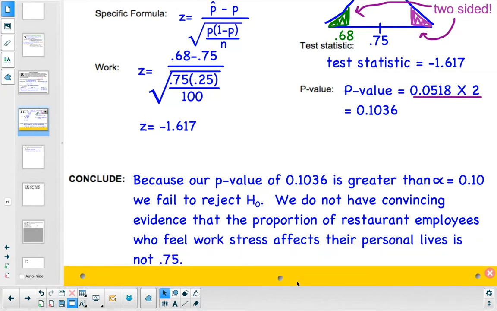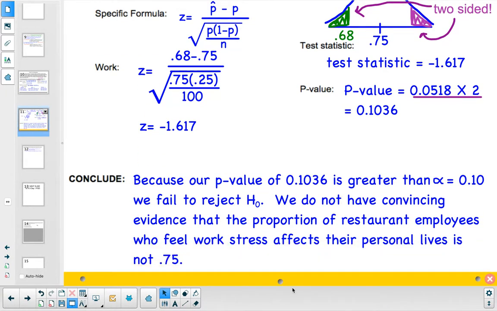Here is our conclusion. You compare your p-value to your alpha level, decide to reject or fail to reject, and then talk about what kind of evidence you have or what you don't. Because our p-value of 0.1036 is greater than the significance level alpha of 0.10, we fail to reject the null hypothesis, H sub 0.